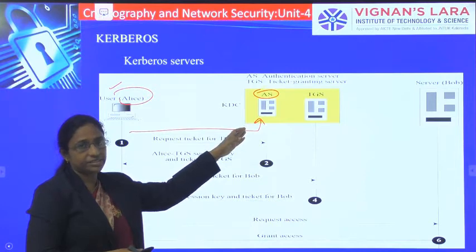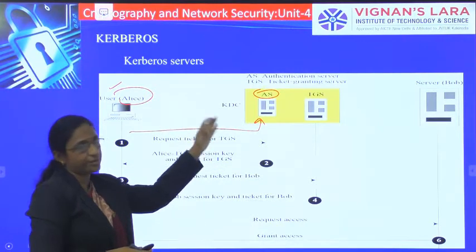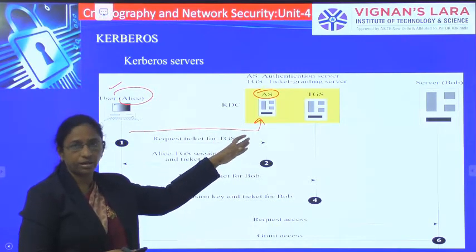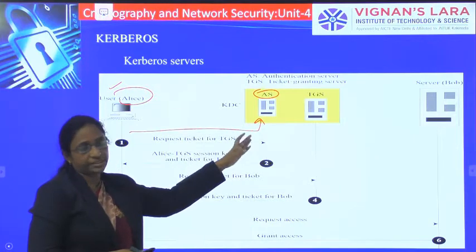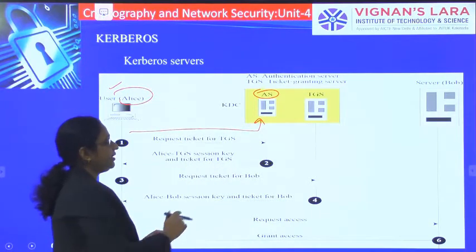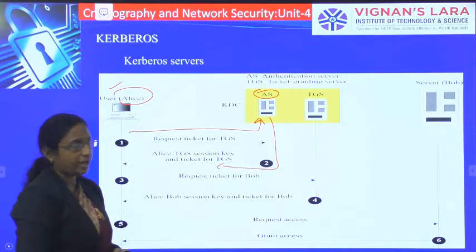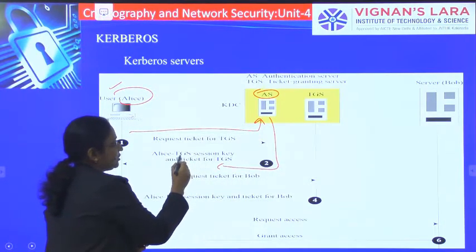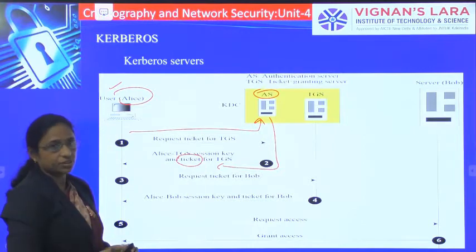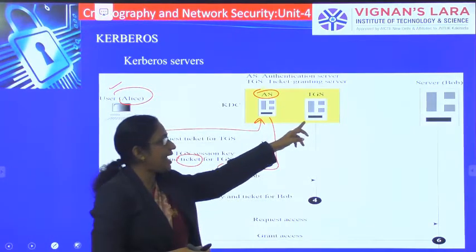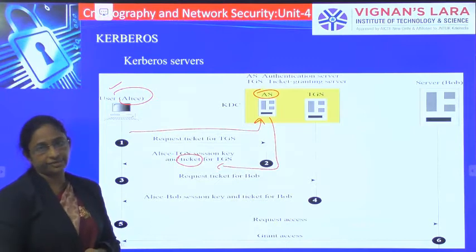At the authentication server they check whether this user is a valid person or not. If the user is valid, then he is provided with a ticket. So this authentication server provides a ticket, and by using this ticket the person will be accessing the ticket granting server.